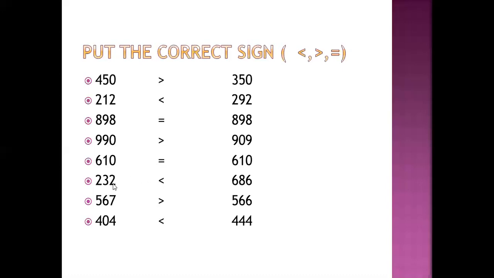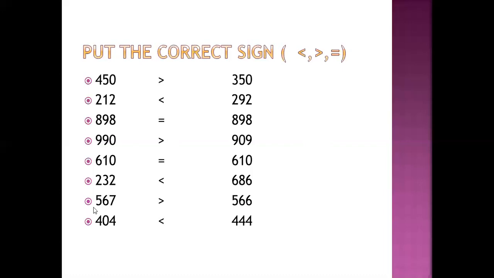The next set, 232 and 686. So just the hundredth place, which is bigger. So we open the fish's mouth near 686. Next number, 567 and 566.